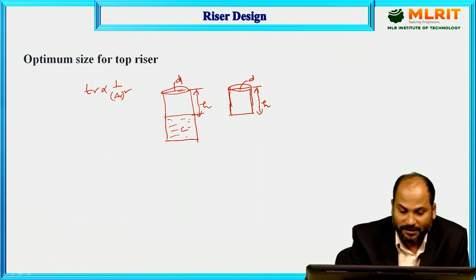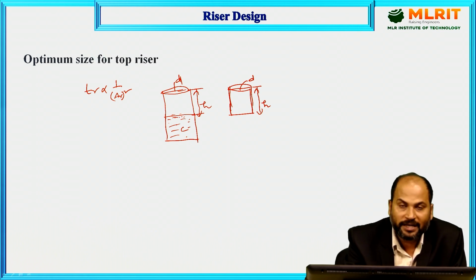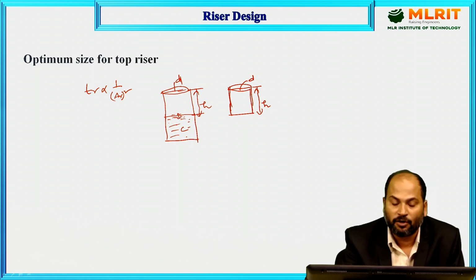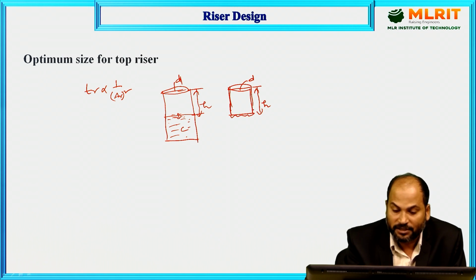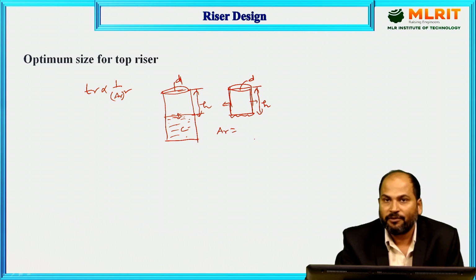This bottom part is the interface of the casting and the riser. As the metal in both sections is almost at the same temperature, there will be no heat dissipation from this area. So what are the areas of the riser from which heat will be dissipated or cooling will happen? This is the area, this is the area and this is the area.